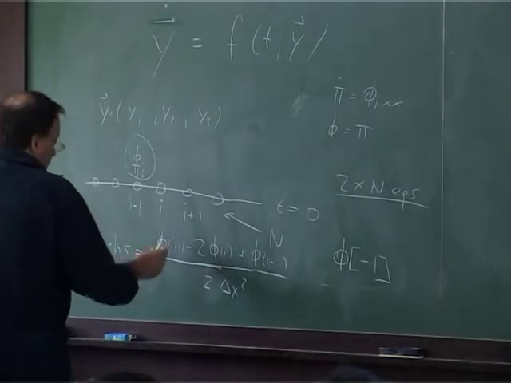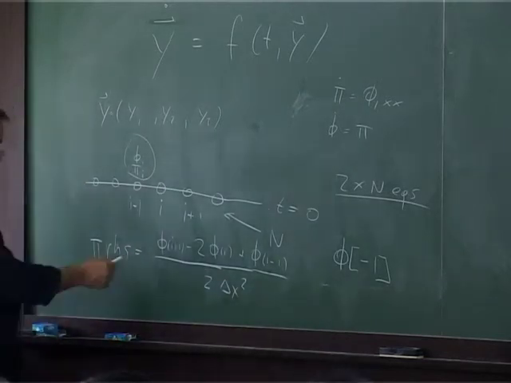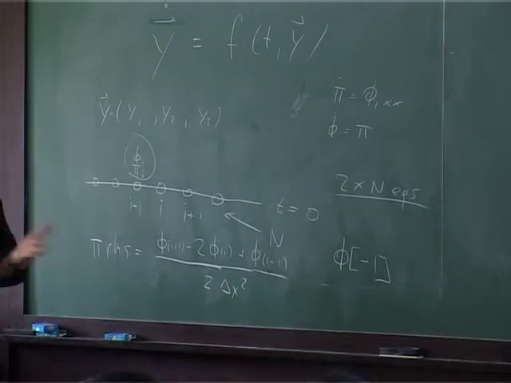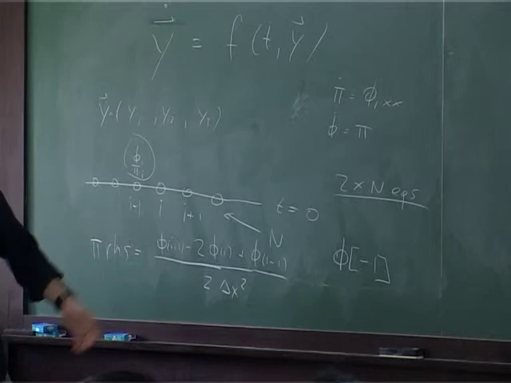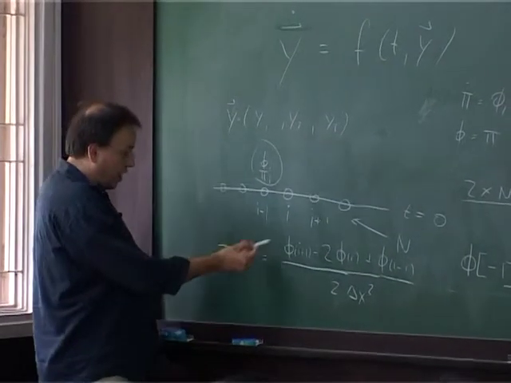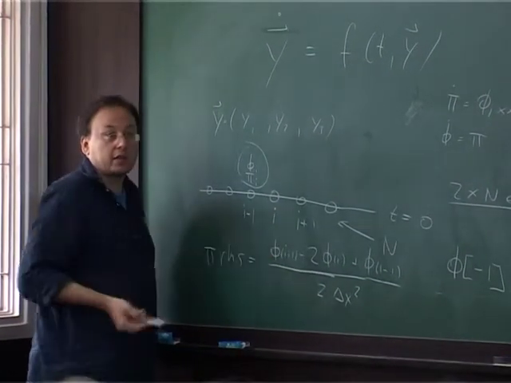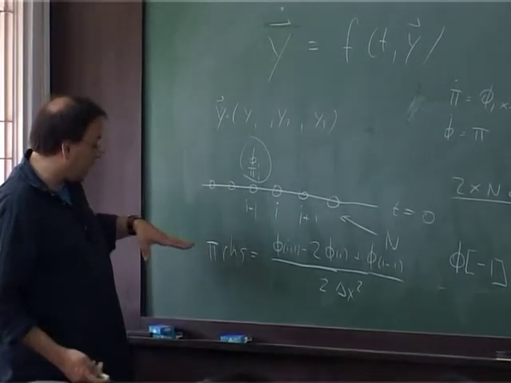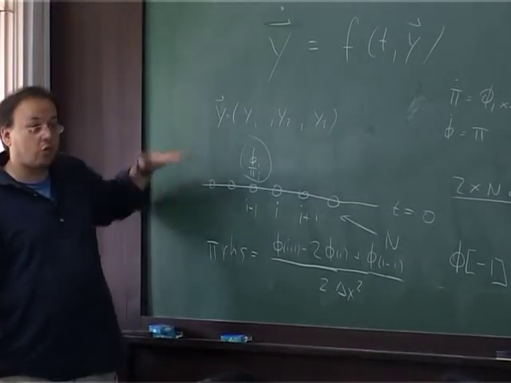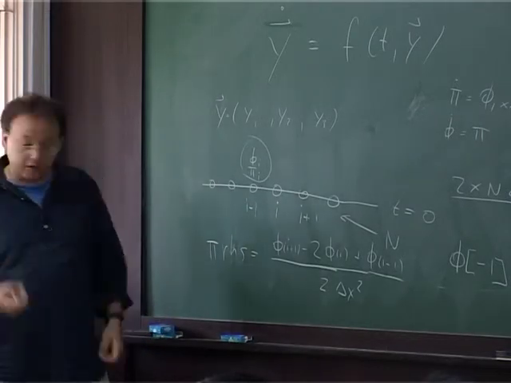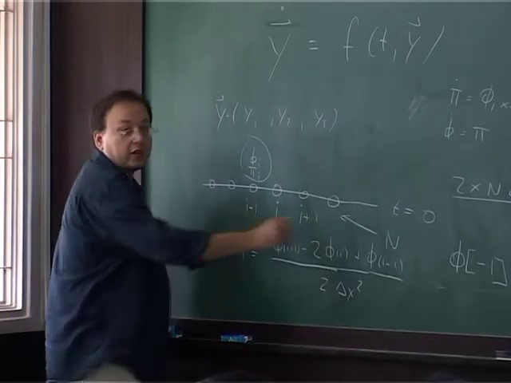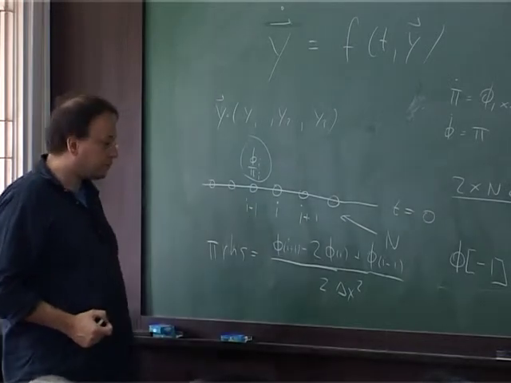Now the right-hand side is a vector with many elements. Maybe you have 100 grid points, maybe you have 500 grid points, right? So for each grid point you have to fill this right-hand side. Of course you don't want to write pi right-hand side of 1 is this and of 2 is that. You have to make a loop. Either you make a loop over the i's or you just do this with vector operations.